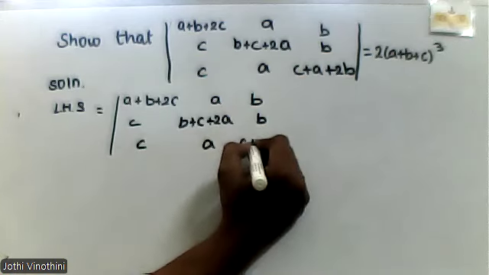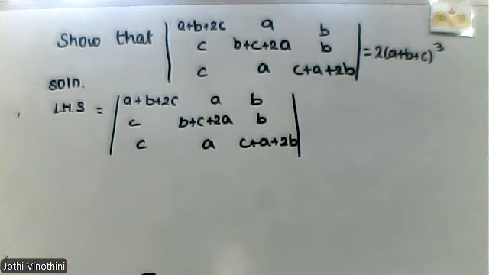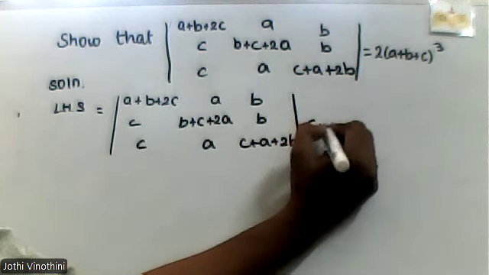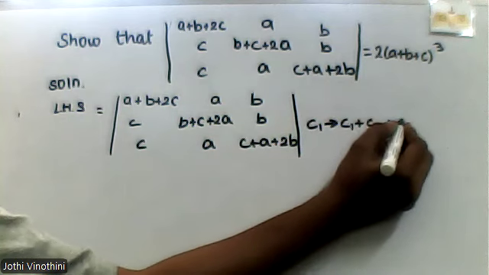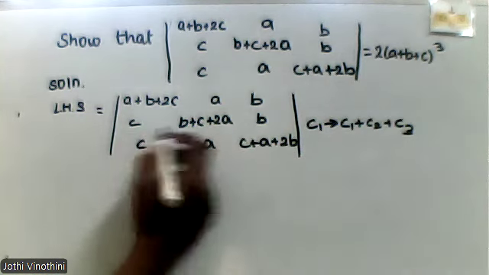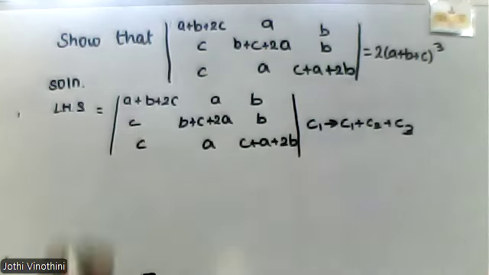So this is the given matrix, right? What I am going to do now is replace column 1 by adding all 3 columns. So C1 is going to become C1 plus C2 plus C3.